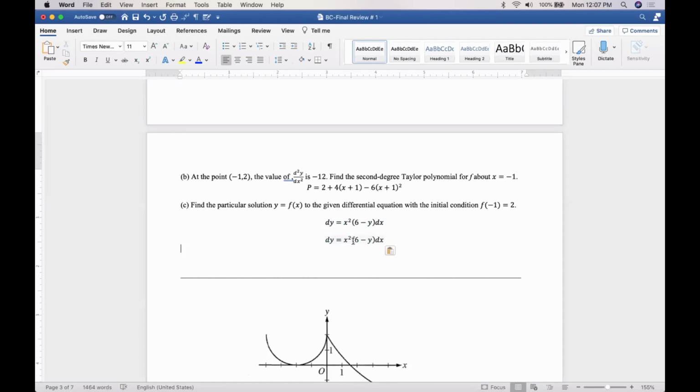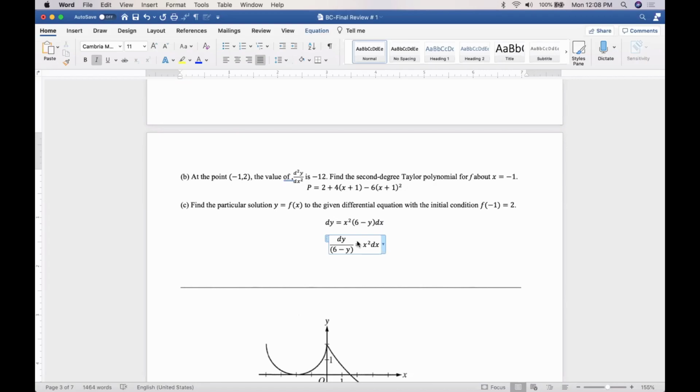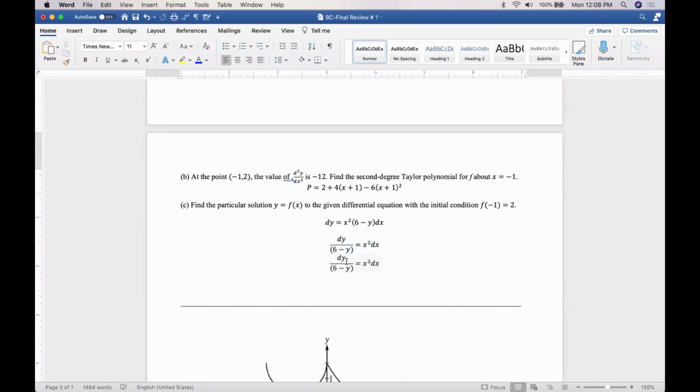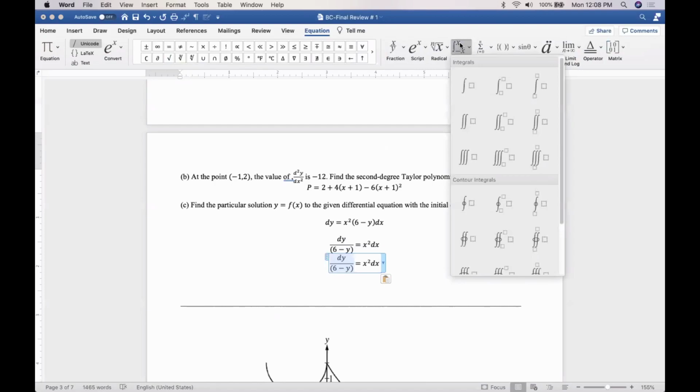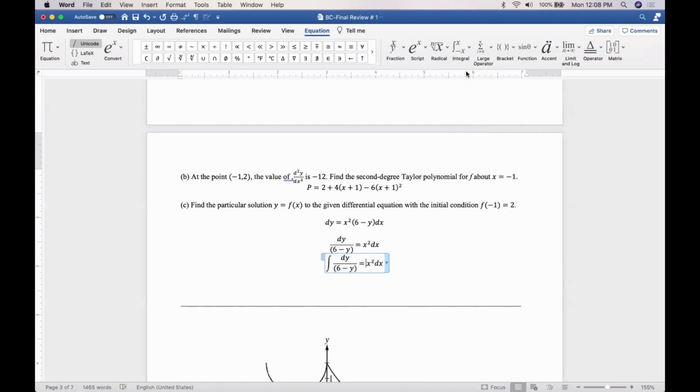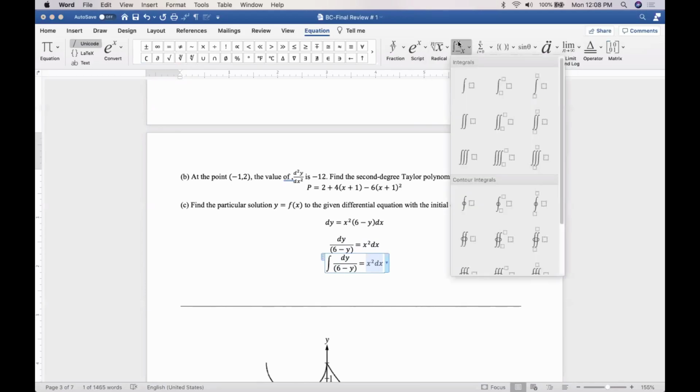So if I divide by the parentheses, it would disappear from here, and it will appear there. After doing so, I get the integral of both sides. So the integral of that equals the integral of this.